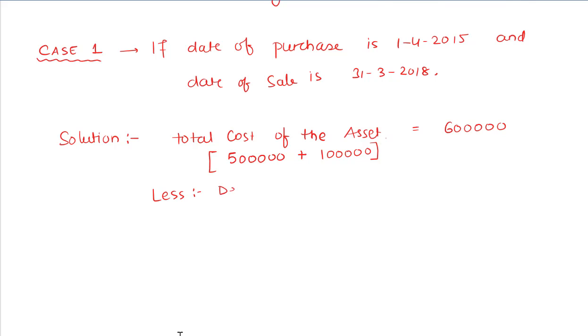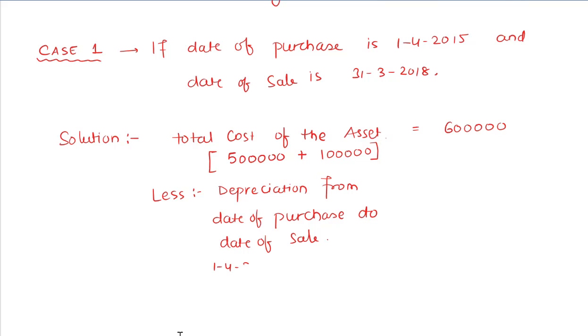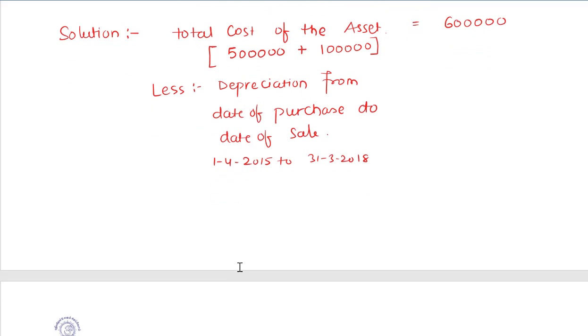Less depreciation, because we need to calculate the WDV. So depreciation from date of purchase to date of sale. If you calculate the duration, that is 1st of April 2015 to 31st of March 2018, that is 3 years. 3 years means 36 months.